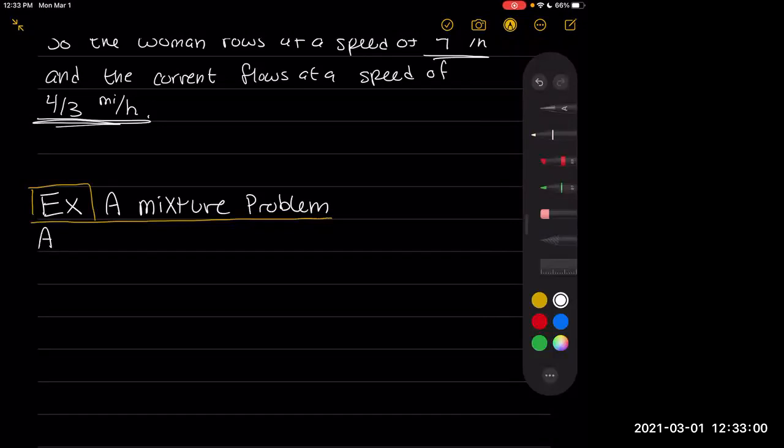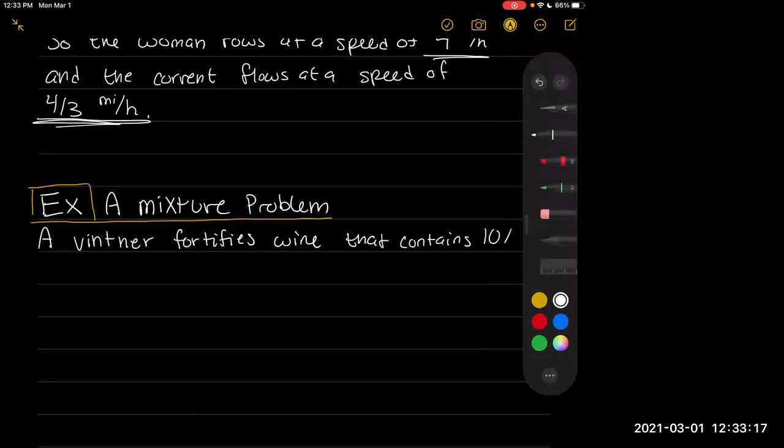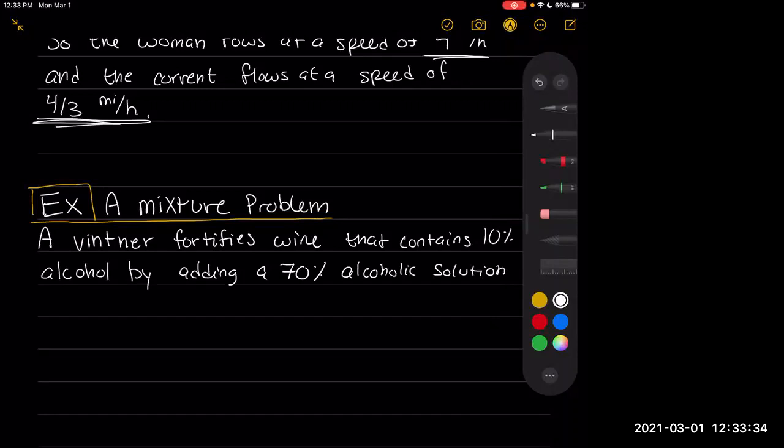So a vintner, I'm sure there's a French way to say this word, fortifies wine that contains 10% alcohol by adding a 70% alcohol or alcoholic solution to it.